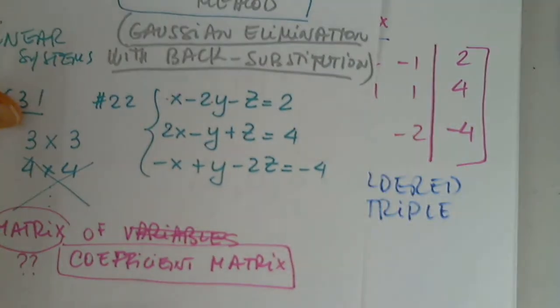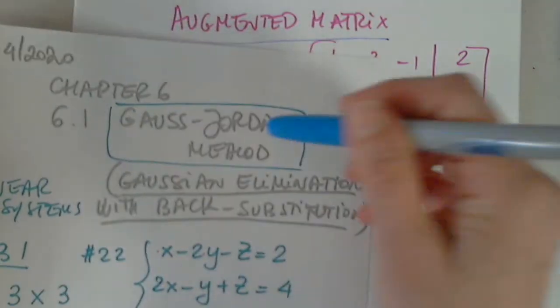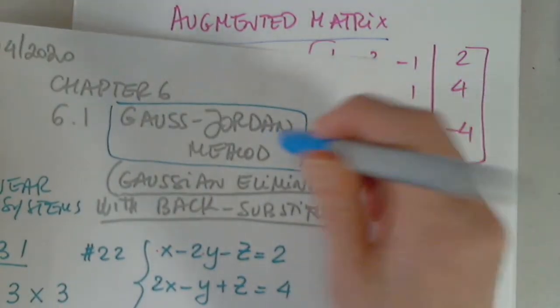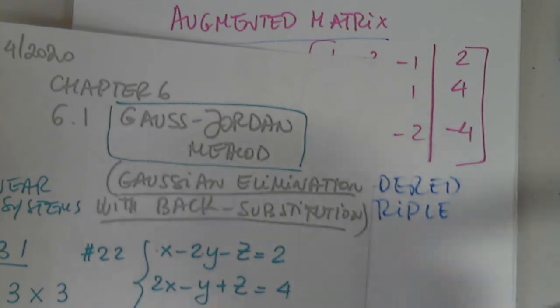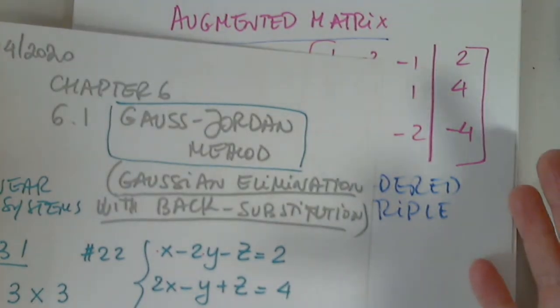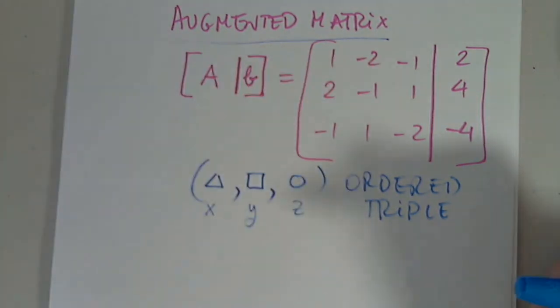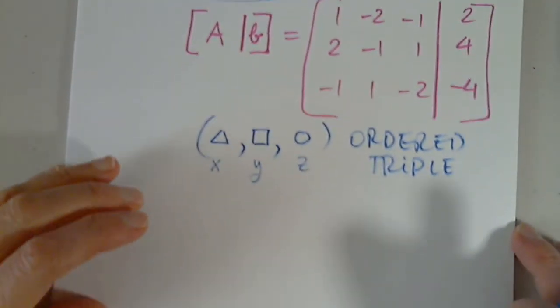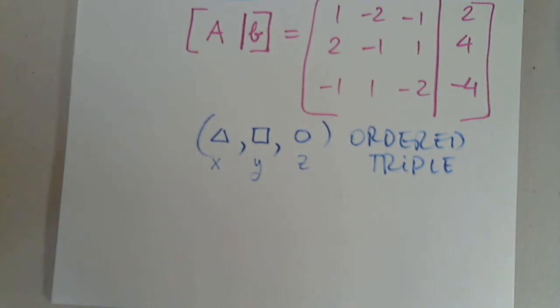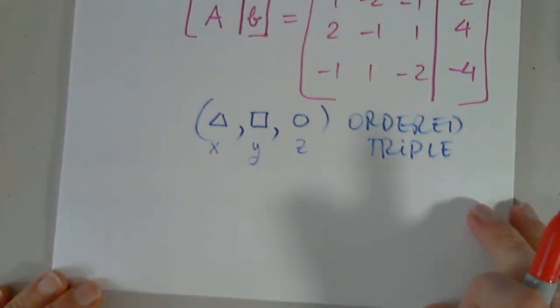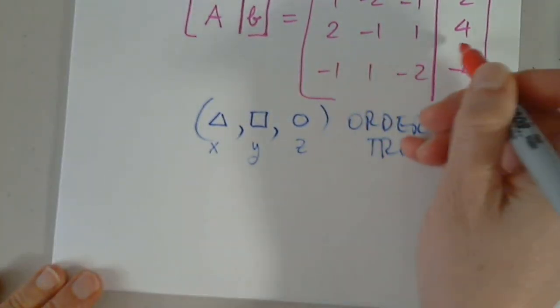Okay. So this is something similar to elimination, something similar to substitution. This is a new method that we are talking about. Okay. And now the method. What are we trying to do with this augmented matrix?